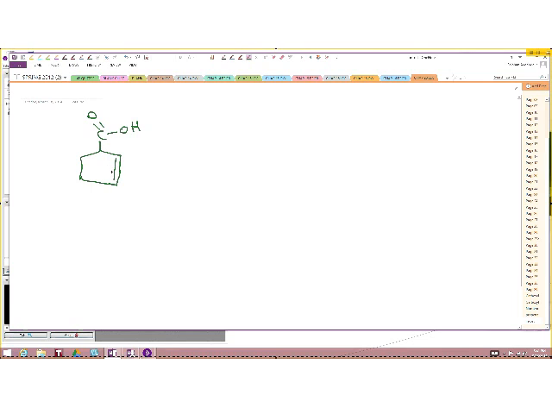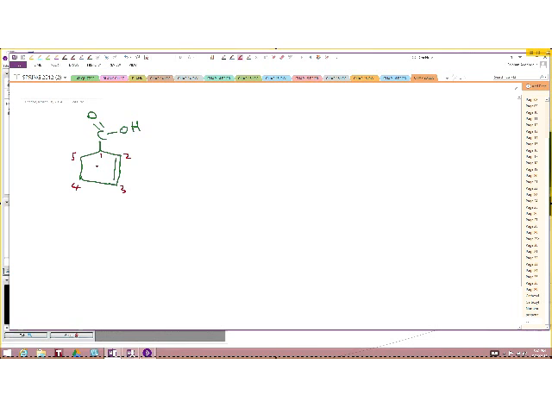In this case, because you have another functional group in the ring, the carbon that is attached to the carboxyl group will be assigned position number 1. So this is position number 1. And then this carbon here, position number 2, number 3, number 4. The carbon that is attached to the carboxyl group will be assigned position number 1.